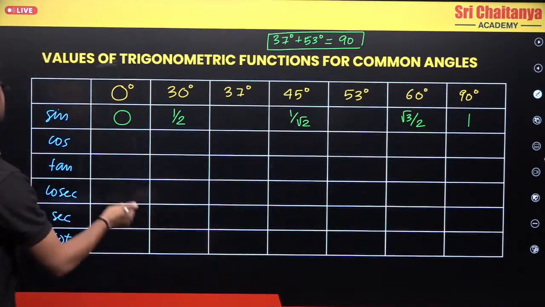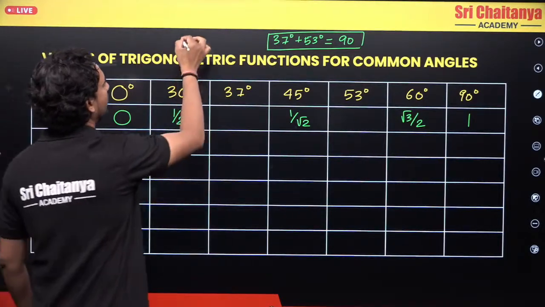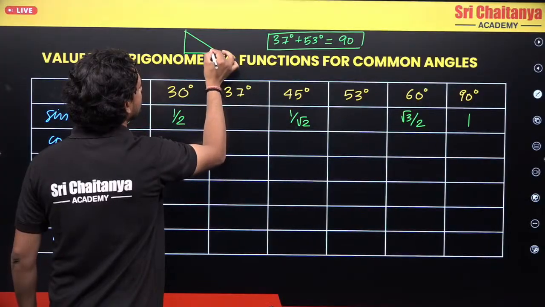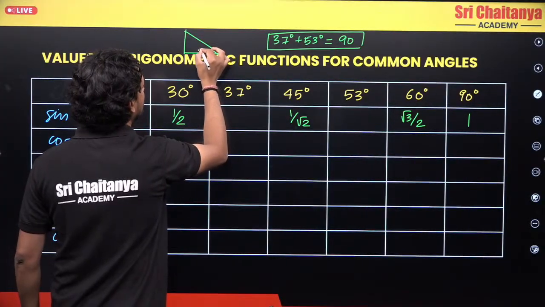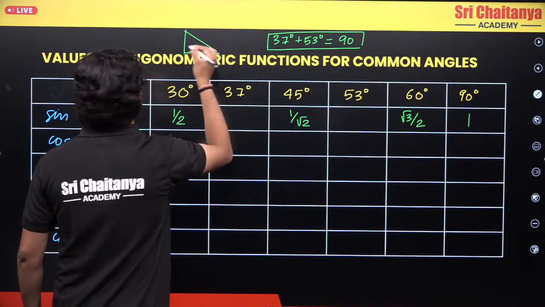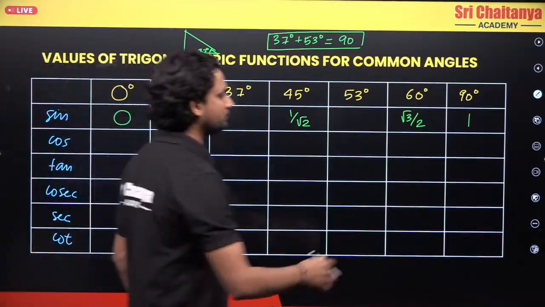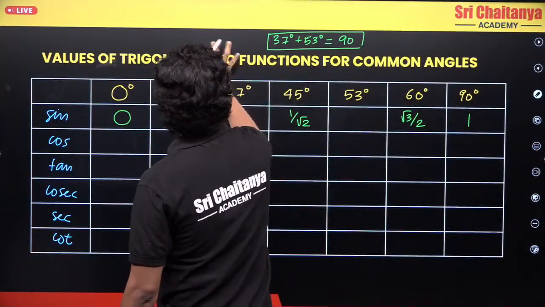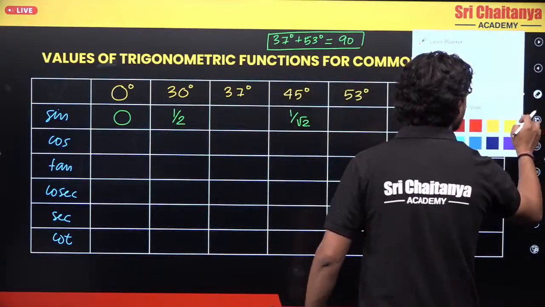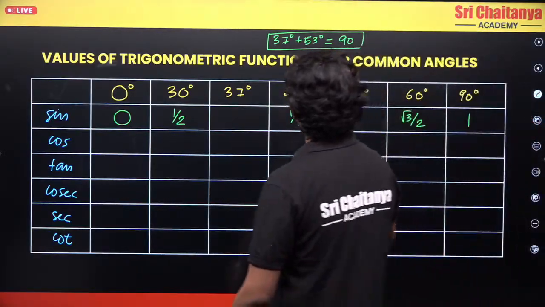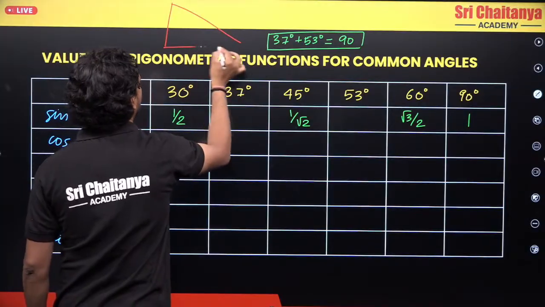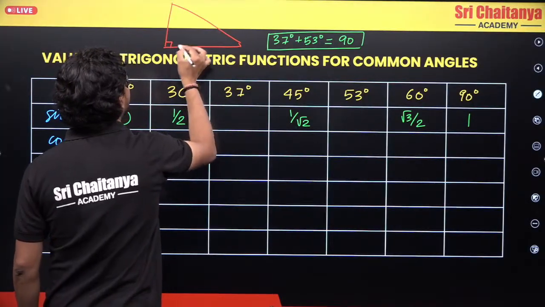You just make a small triangle here. Let's say this is 90.